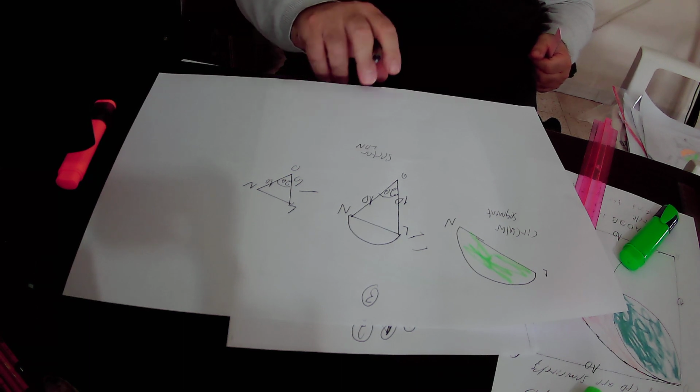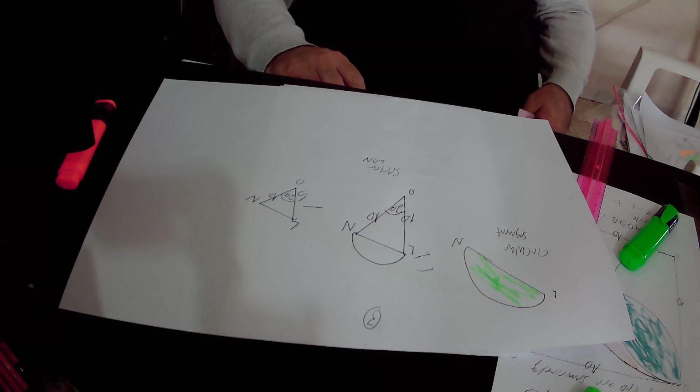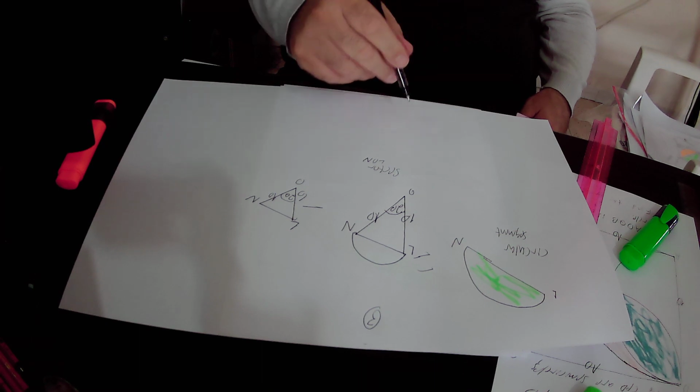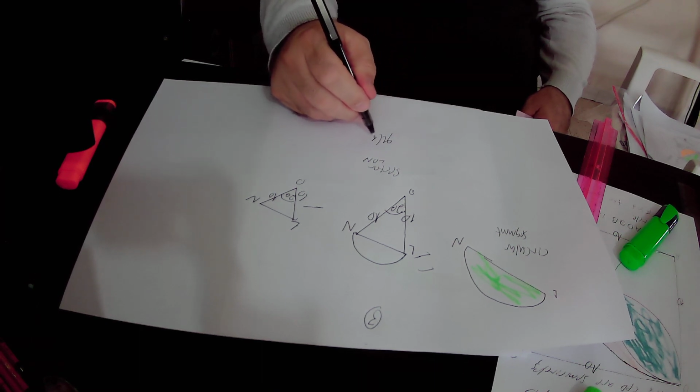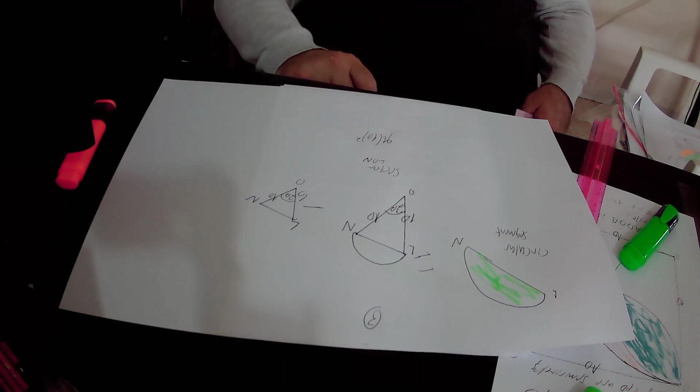The area of sector LON will be equal to the area of the circle, that is pi r squared, and r equals 10, so it is pi times 10 squared, times the percentage that the sector occupies out of the whole circle.